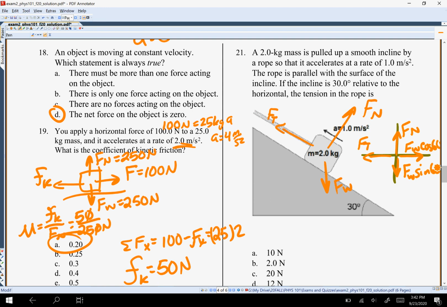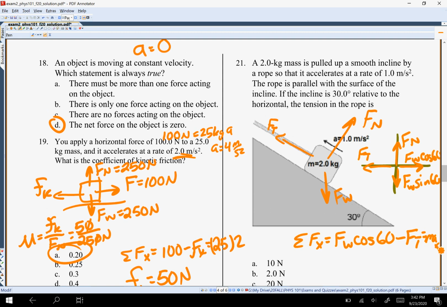I'm looking for the tension in the rope, so I can look at the sum of the forces in the x direction. That's going to be Fw cosine of 60 minus Ft will equal max. And it's where I have to be careful, because notice here that ax is equal to -1 meter per second squared. So I have to be really careful about that.